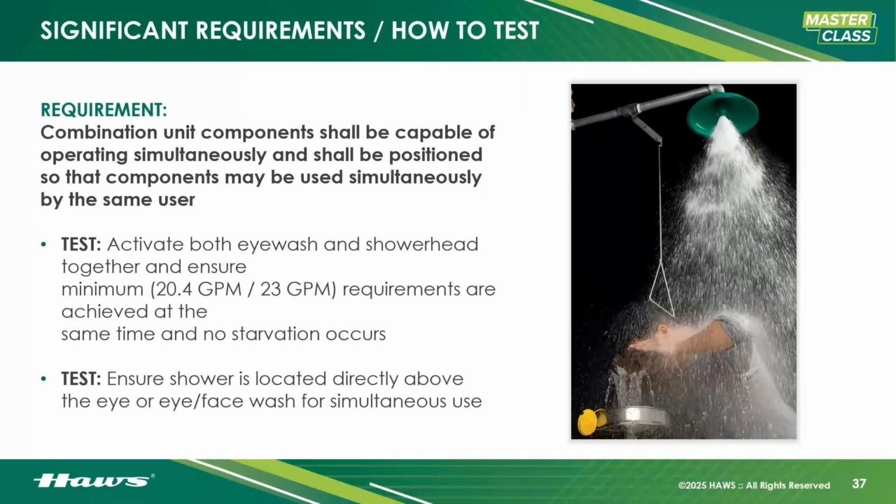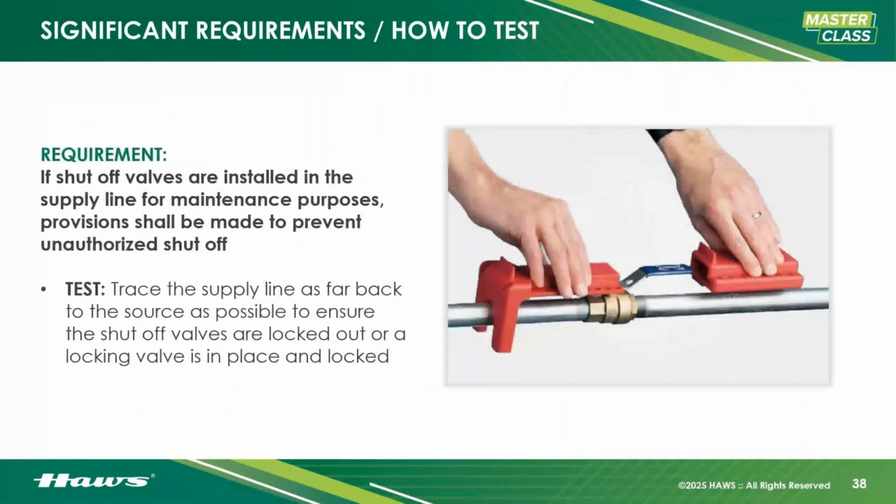If you have eye washes or eye face washes that use that foam filter in there, that gets all gunked up, and sometimes you'll see a starvation occur there, or if you have buildup in the lines. But ensure that they're operating simultaneously. Okay? And you can do that during your test with the 9011 test kit.